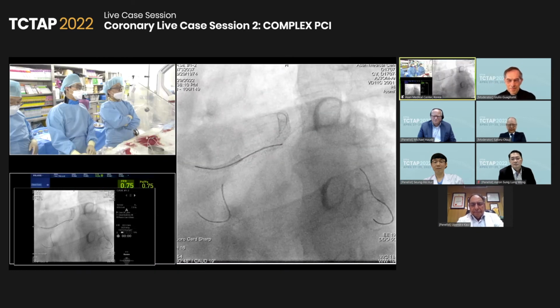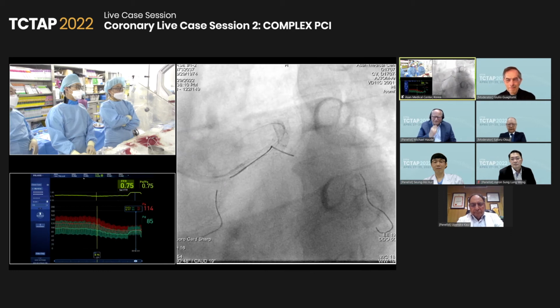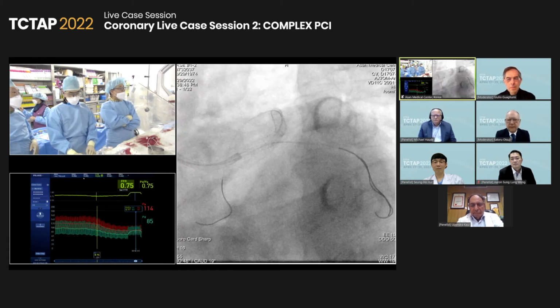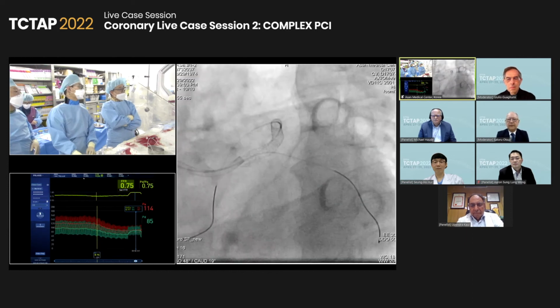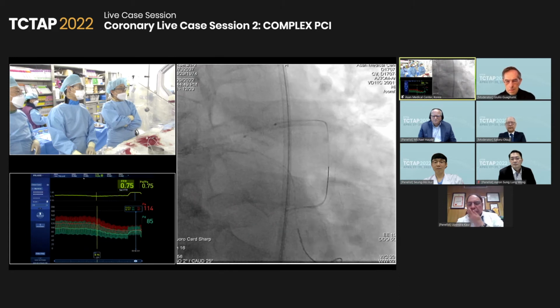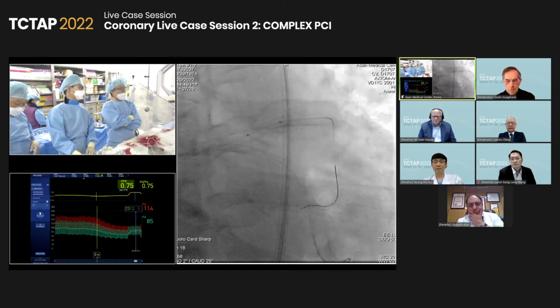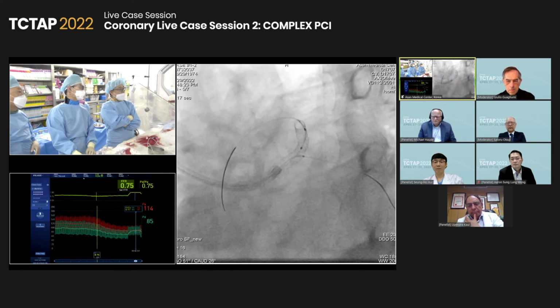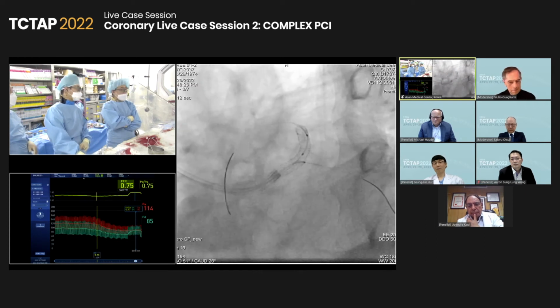So we decided on final kissing balloon dilation. Here we removed the wire and just used the FFR wire for anchoring. We initially tried the 3.0 compliant balloon, but it did not pass well.